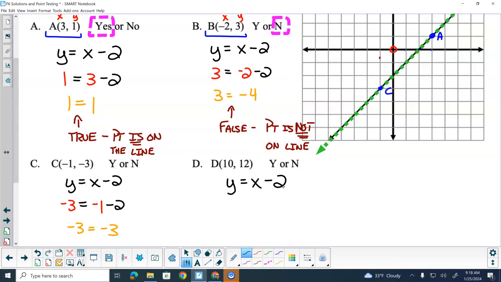On or off? Well, 10 minus 2 is 8. Is 8 equal to 12? So is it on or off the line? Off.